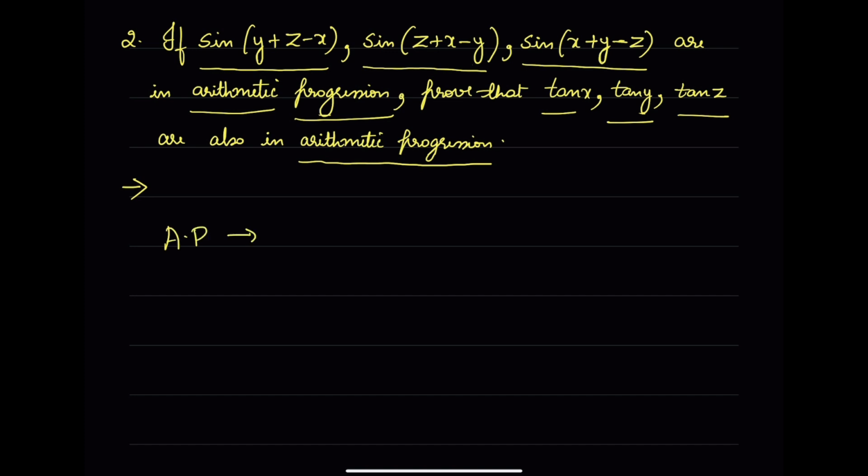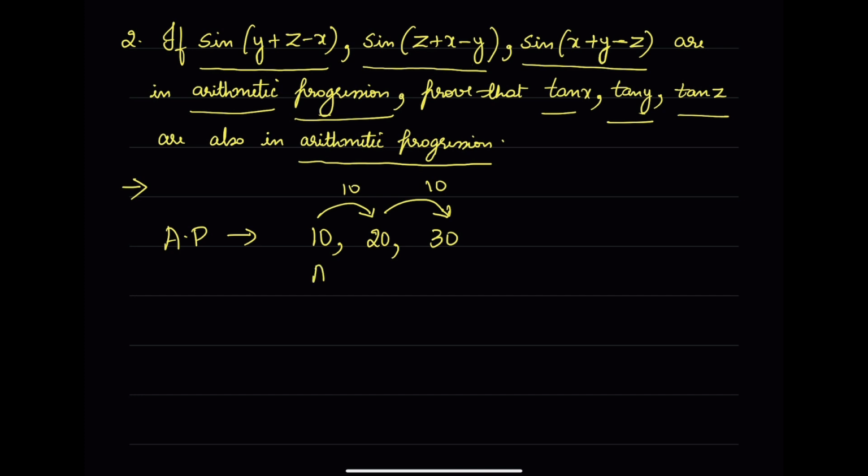So let's consider three numbers 10, 20 and 30. So if we compare this, each number when it increments, it is incrementing by a constant value of 10. So 10 plus 10 is 20 and 20 plus 10 is 30. So this is called an arithmetic progression series.